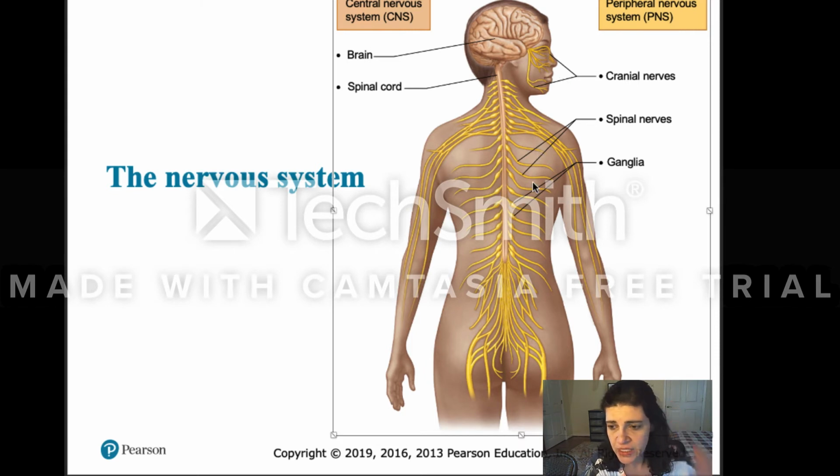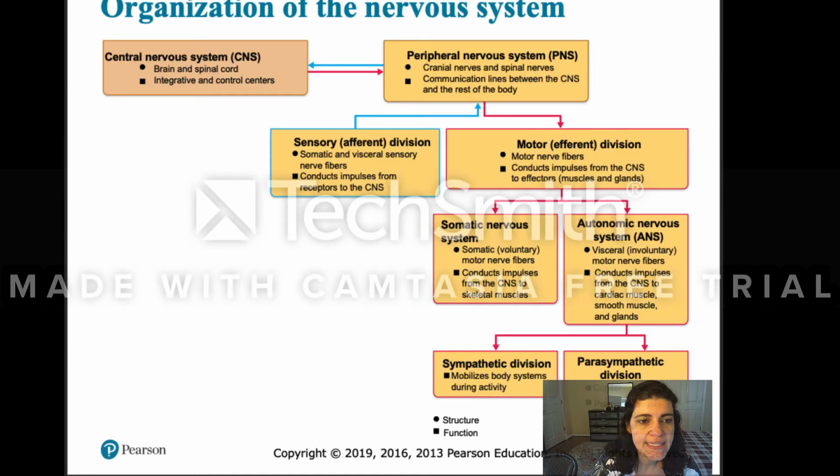So we're going to learn what a ganglion is, what a nerve is, and what all this is. And then we have an organization for you to understand the nervous system. So central, right, brain and spinal cord, and peripheral nervous system, the cranial and the spinal nerves, they are all connected. So you have information that goes back and forth.